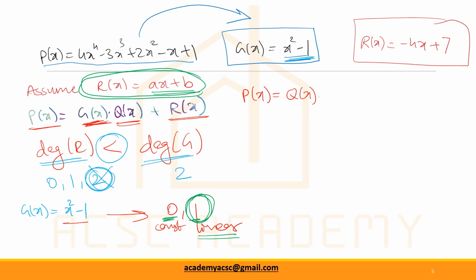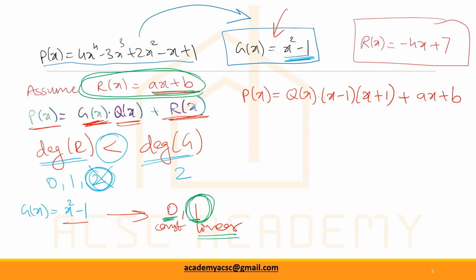Here we are aware of g of x and we can write it as a product of two factors, which is x minus 1 and x plus 1. So we can write g of x as a product of these two, plus the remainder. But here, instead of the remainder, we will write the polynomial which we have assumed, ax plus b.